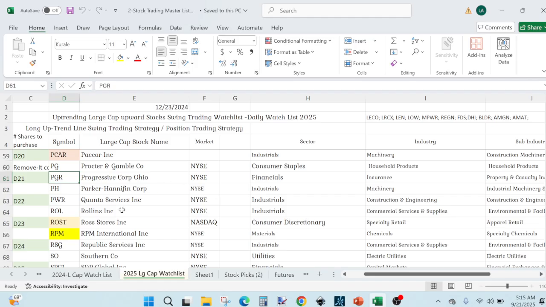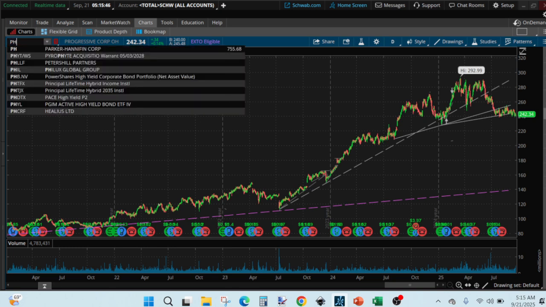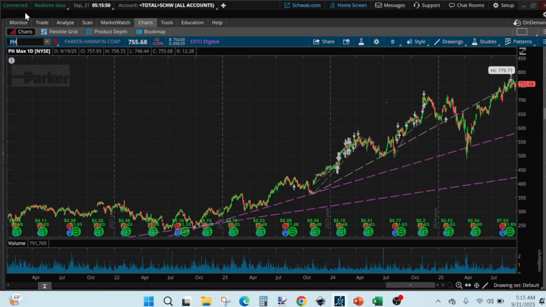So that is pretty much how we will do our chart analysis on a daily basis, to be able to go through about 70 or 79 stocks that we have here. So the next one we are going to analyze is PH. And if I was doing this analysis by myself, I would be going faster some days, slower some other days, because of some stocks that are running too.